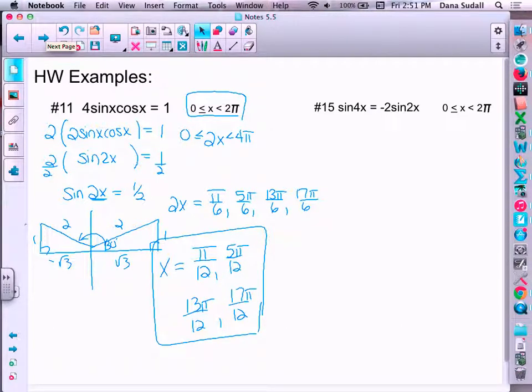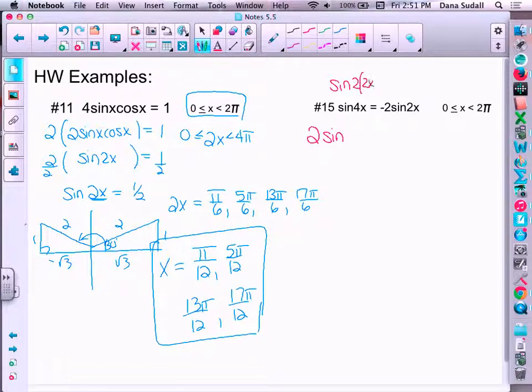And then 15, my angles don't match, so we're going to make our angles match up. Sine of 4x, that's equal to 2 sine of twice my angle. So if you want to think of this as sine of 2 times 2x would give you 4x. So it's going to be the double angle identity that would be 2 sine 2x cosine 2x. So if I condense that into sine of 2 times my angle, I would have sine of 4x.